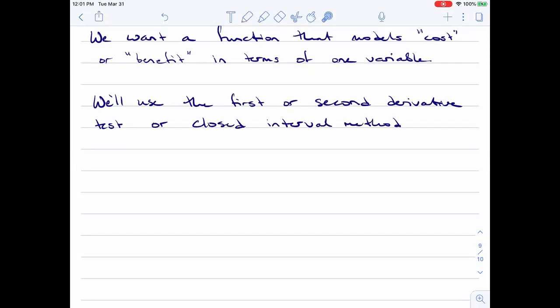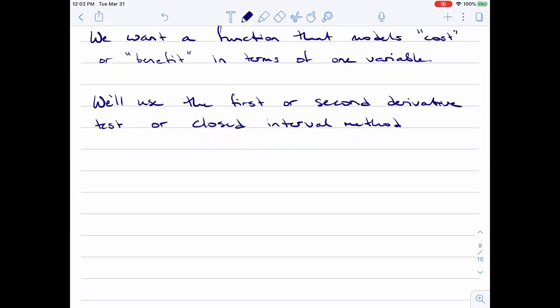The closed interval method, remember, is when you find the critical numbers and then you evaluate the function at the critical numbers, but also at the endpoints. And then whichever one you're looking for, the maximum or the minimum value, is going to be at one of those points. So often for these problems, we're going to be able to use the closed interval method.